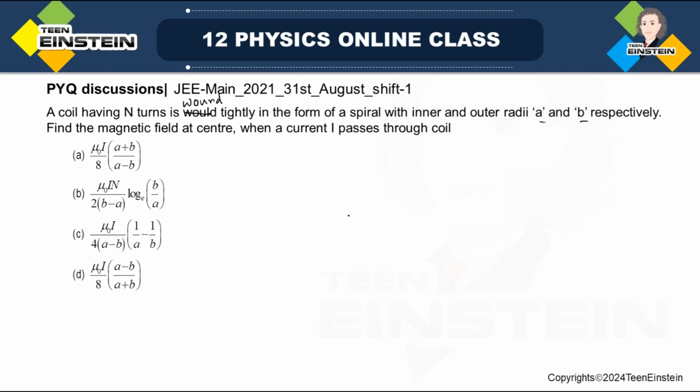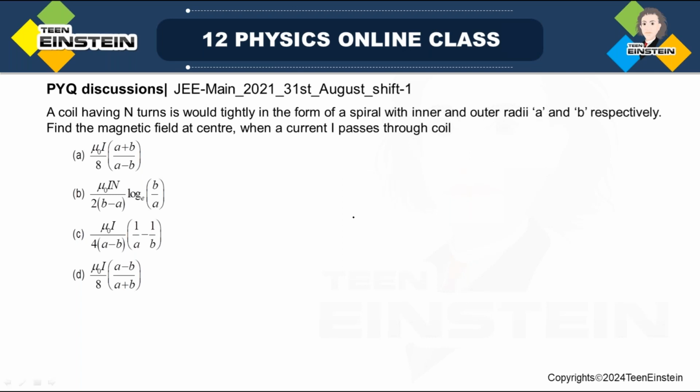Suppose there was a long wire, and it is wound tightly like a spiral, like this. So this is kind of a spiral, and the inner radius, suppose this is A and the outer radius is B. Now if current I is flowing through this wire, then what will be the magnetic field at the center?